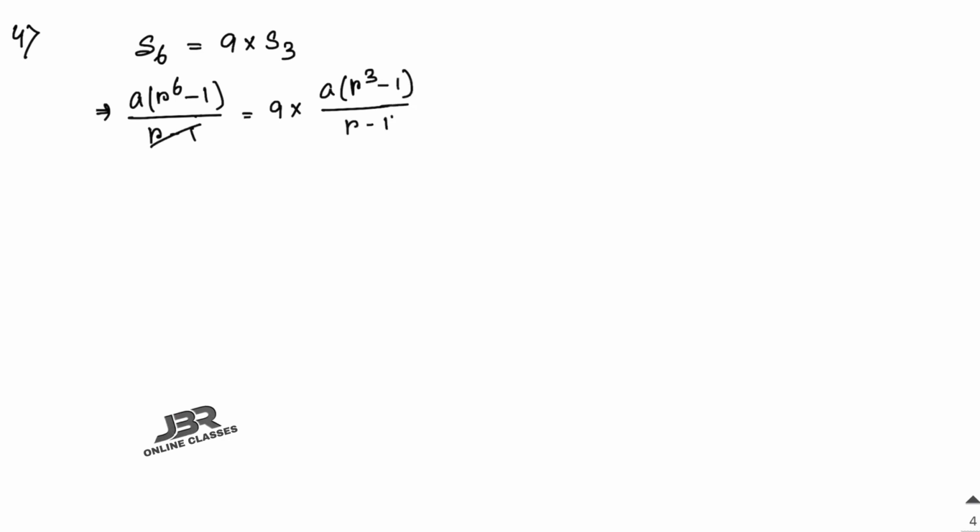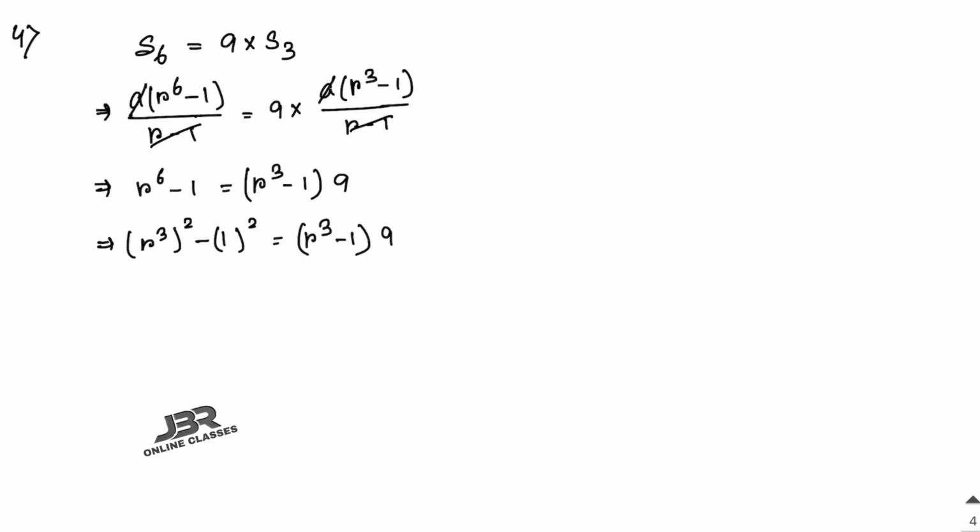Okay, so r minus 1 cancels out, a cancels out. So here r to the power 6 minus 1 equals r cube minus 1 into 9. So next, r cube whole square minus 1 square equals r cube minus 1 into 9.